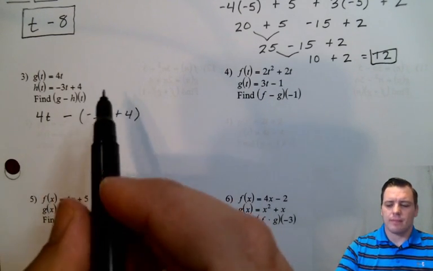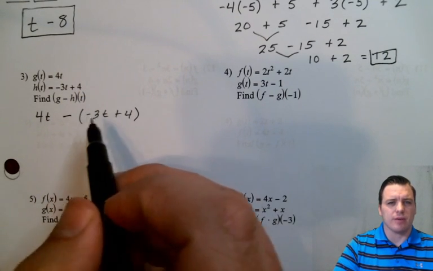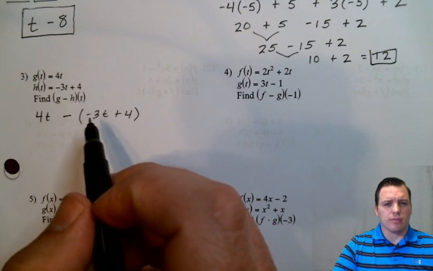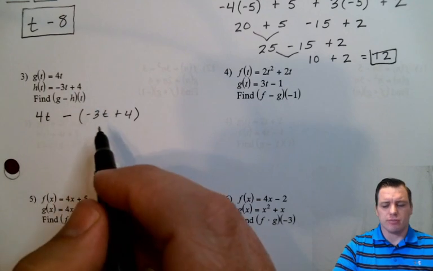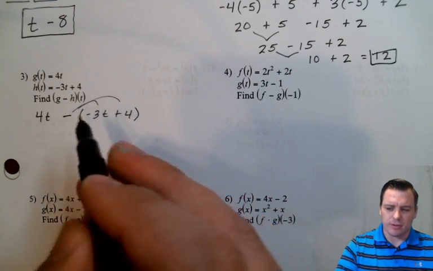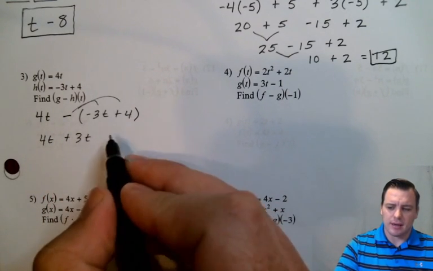So make sure you remember, anytime it's a binomial and you're subtracting something, you have to put it in parentheses. Now, if it was a monomial, just one term, then you could just drop it down. But with it being a binomial here, two terms, you have to put it in parentheses in order to distribute. So 4t plus 3t minus 4.